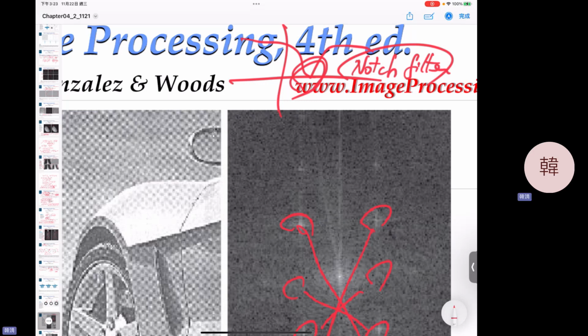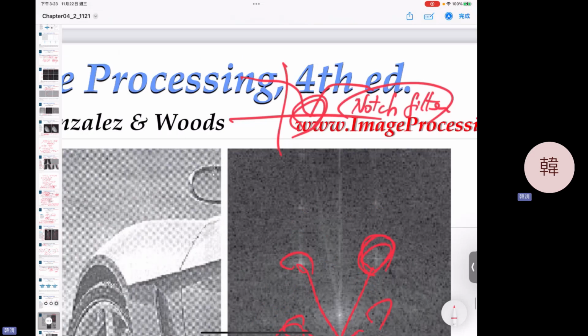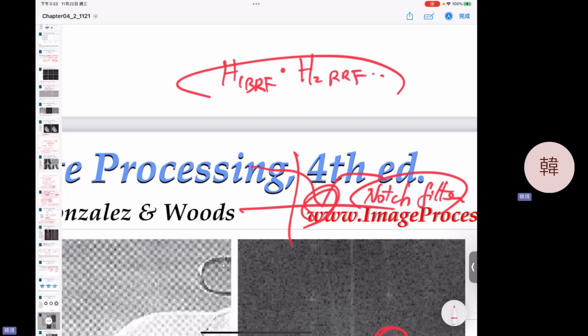And then if there is not only one noise there, they are blue. So how can you do it? You just cascade. Maybe you have an H1 band reject filter, and then multiply by a second one. You can do this continually, cascade.